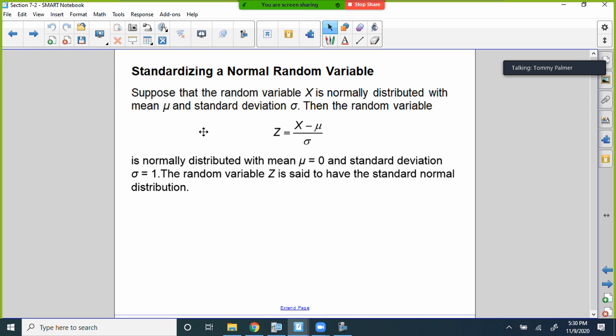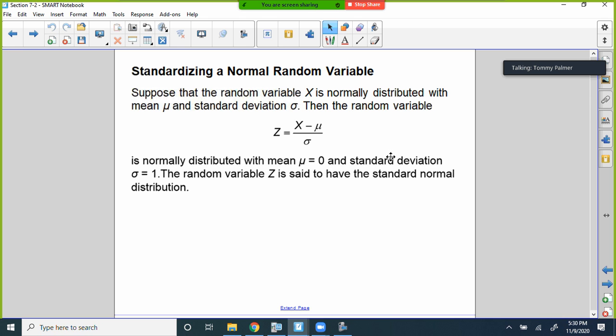Right? So suppose that the random variable x is normally distributed with a mean and a standard deviation. Then the random variable z is normally distributed with a mean of 0 and a standard deviation of 1. Now, we'll talk about that because we're going to use those values when it comes to looking at some things in the calculator.